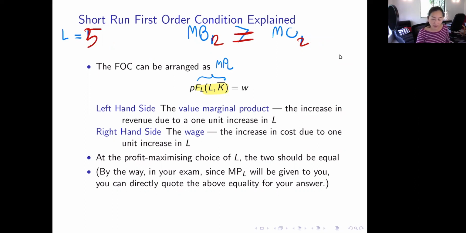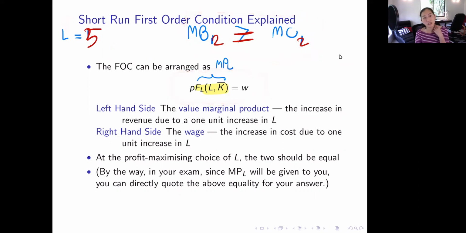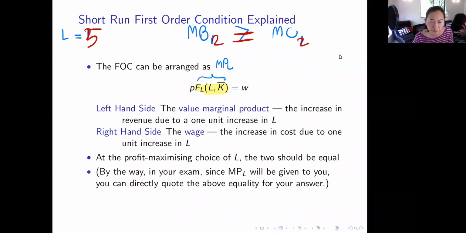That would be my L star, the amount of labor units that would maximize my profit, which satisfies this equation, marginal benefit equal to the marginal cost. At the profit maximizing choice of L, the two should be equal. And I just already explained in many ways why.